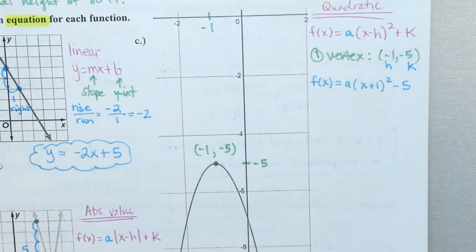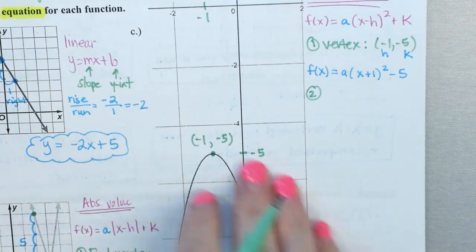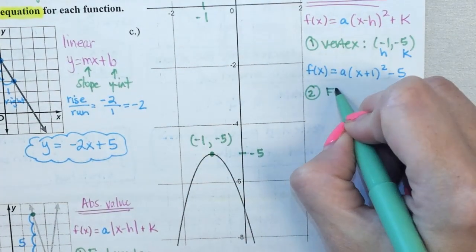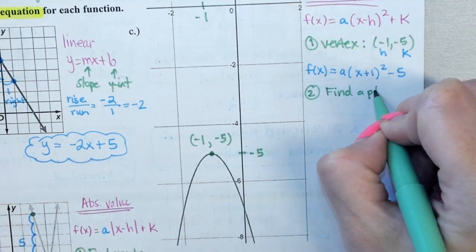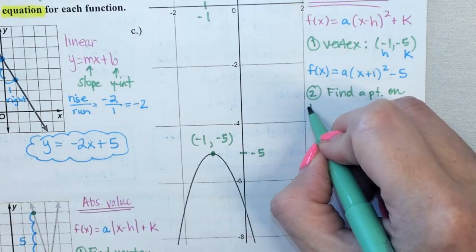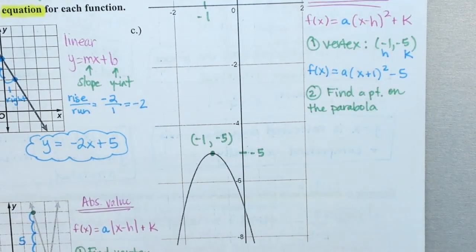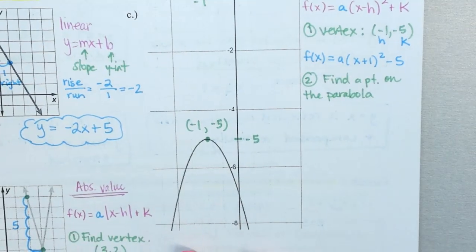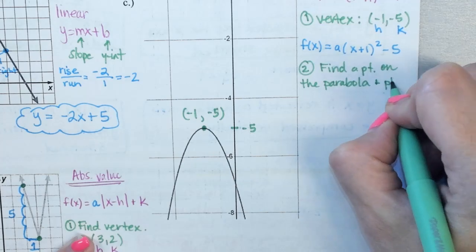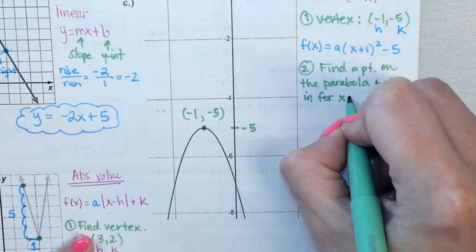Okay, now your second step, and you are going to have to show work for this. So anytime you have a quadratic, you're going to have work that goes with it. What you're going to do is find a point on the parabola, and you are going to plug that in for x and y.